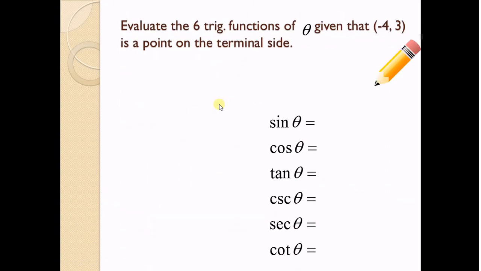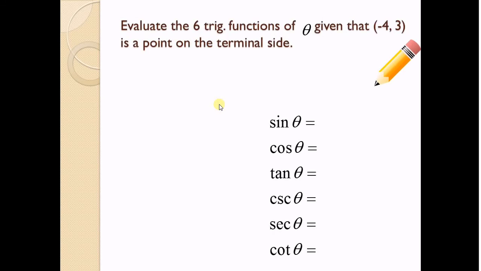So I'm going to evaluate the 6 trig functions of theta given negative 4, 3 as a point on the terminal side. So let's figure out what that looks like on a coordinate plane, right? Negative 4, 3. I'm going to go over 4 and up 3. Right there. That's my point.